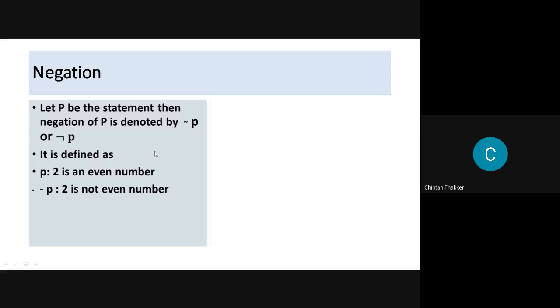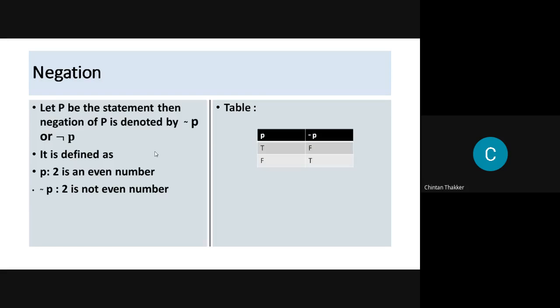The truth table is given as follows. When P is true, negation P is false. If P is false, negation P is true.